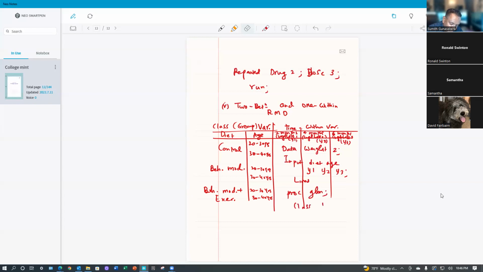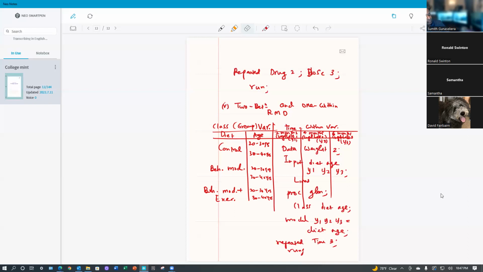There are 2 classes, one is diet, the other one is age. Then the model would be Y1, Y2, Y3 equals diet and age both. And the repeated measure would be what? The time. That's the 3 levels, and run. That will give you whatever results we really need.